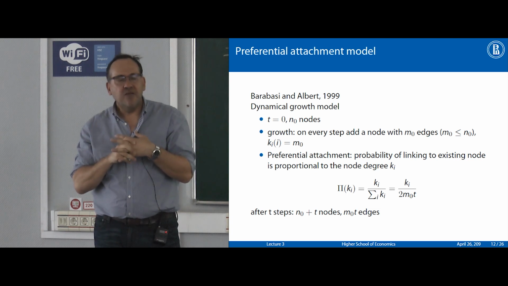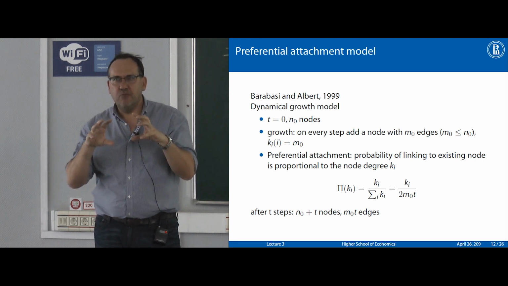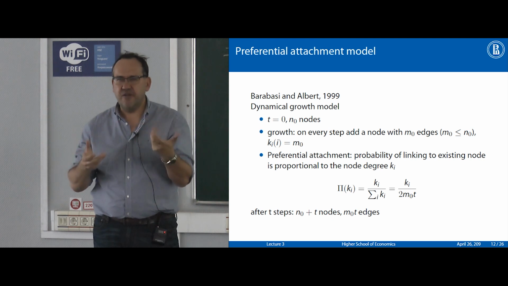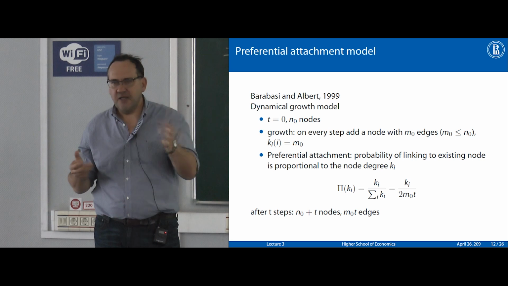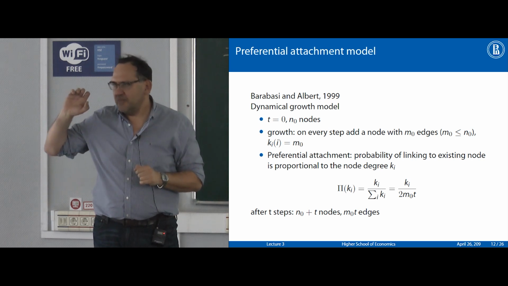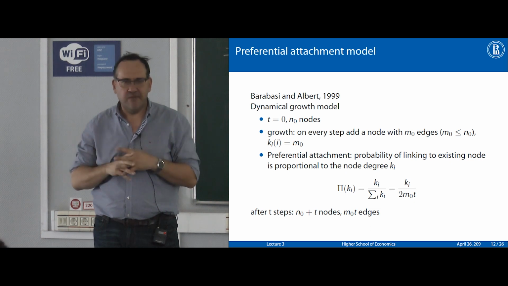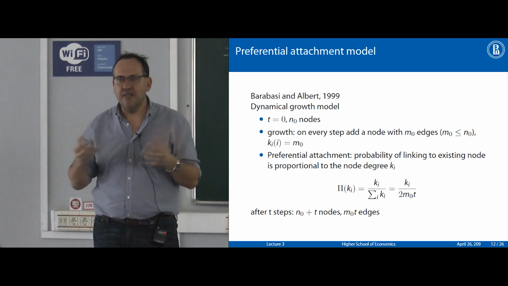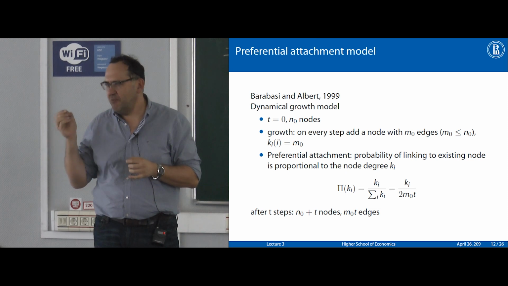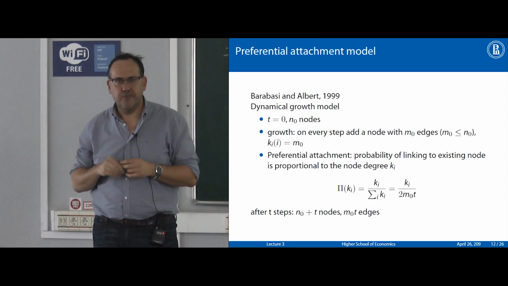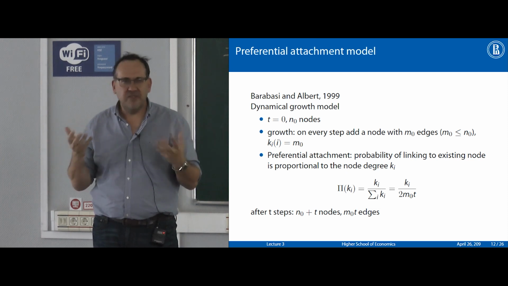So let's think what's missing, or how real life is different from that model. We can think about it in terms of a party, or in terms of the Facebook friendship graph, whatever. So what's in that model, the one I described, what doesn't feel right? I mean, what doesn't feel natural?